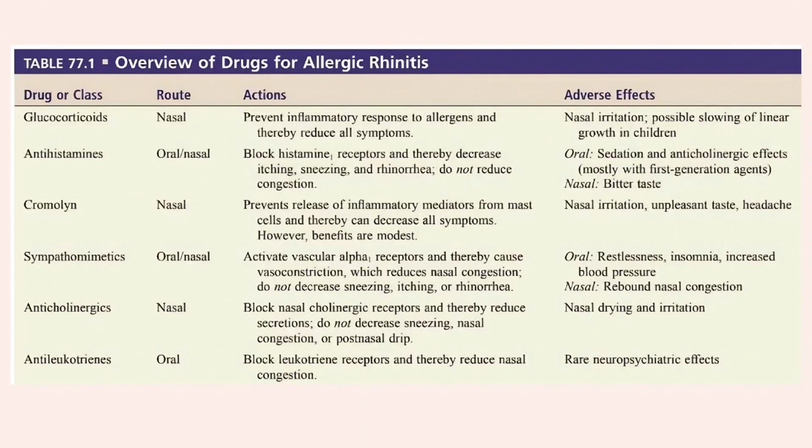Next is intranasal cromolyn. Actions and uses: for the treatment of allergic rhinitis, intranasal cromolyn is extremely safe, but only moderately effective. Benefits are much less than those of intranasal glucocorticoids. Cromolyn reduces symptoms by suppressing the release of histamine and other inflammatory mediators from mast cells.